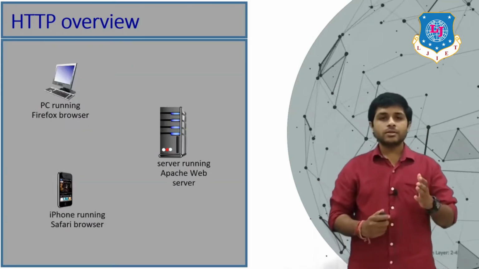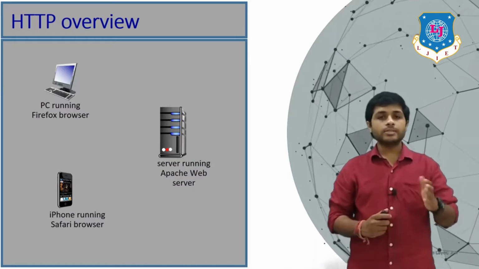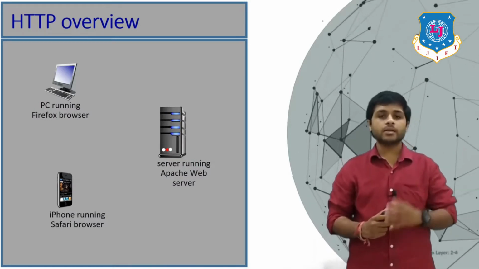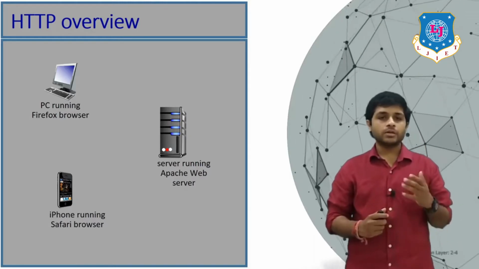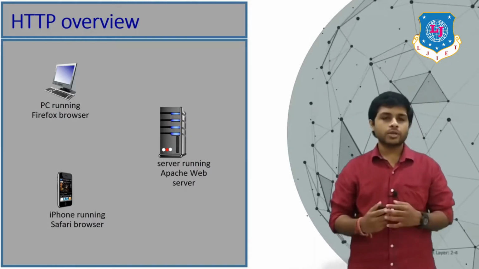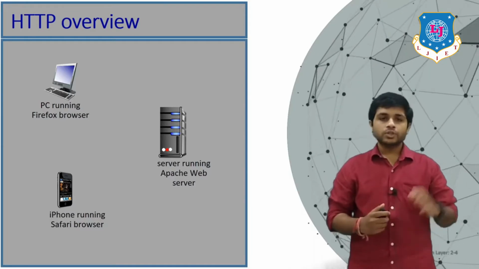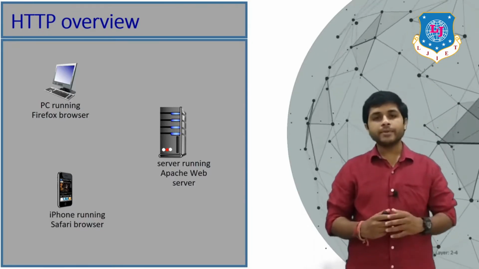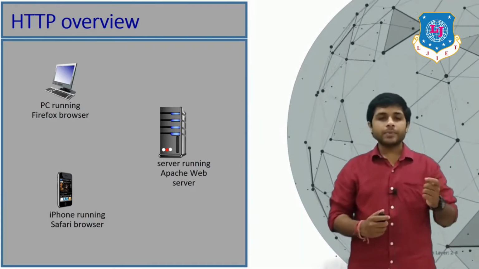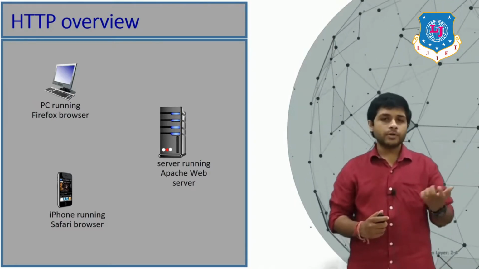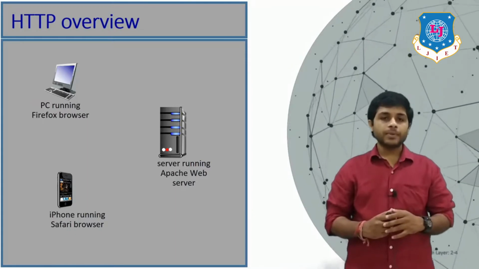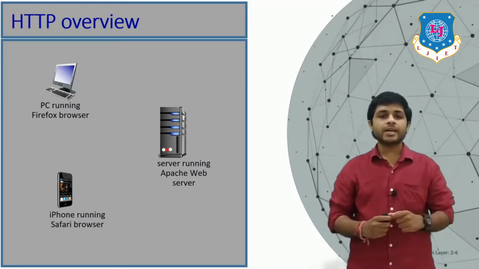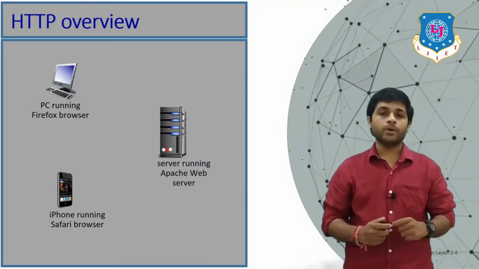So this is the example. You can see that there is a PC and there is a server. You can access the web page using a computer, or you can access it using a mobile phone too, right? So when you want to open any website, for example, when you type www.google.com, your computer will generate an HTTP request, and that request will be sent to the server of Google.